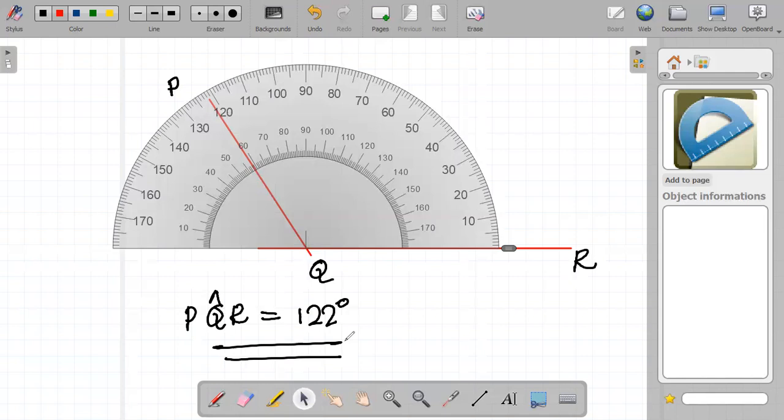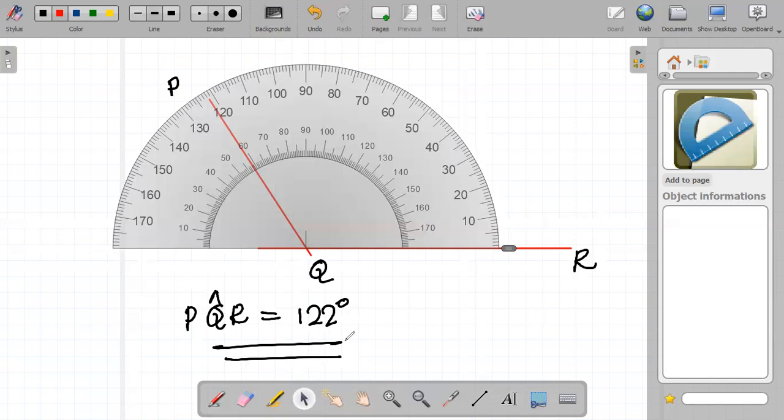There, the center point of the protractor is placed on the vertex O. Can you see it, Shinal? Yes, sir.